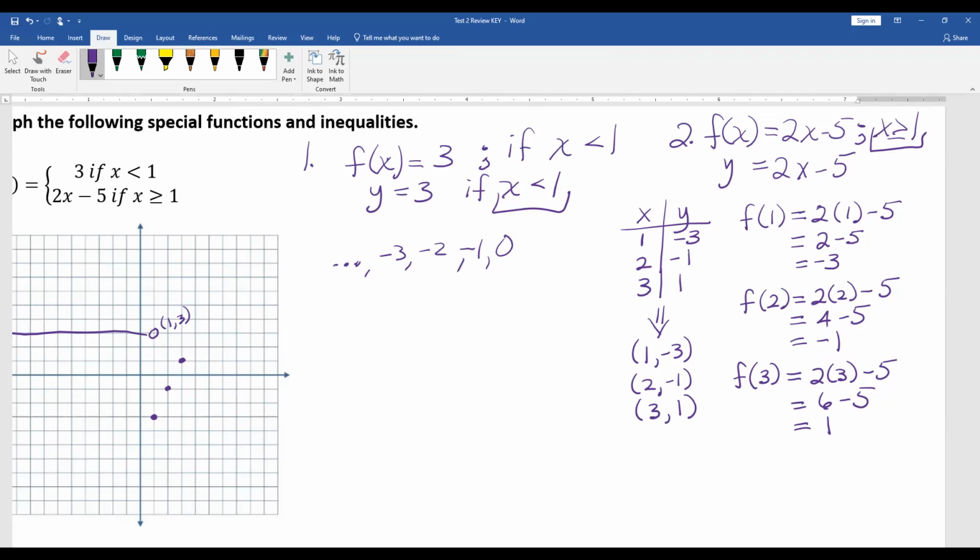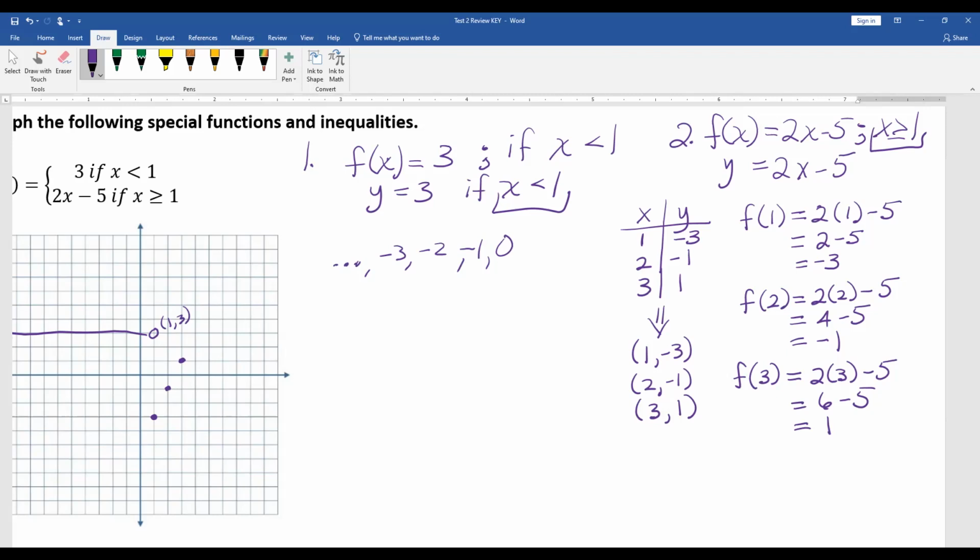All right, so I can leave it like I've drawn it as a solid point at 1. And then where does it go? If we start at positive 1, it goes up and to the right. Does it end?